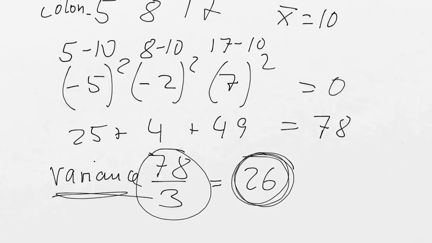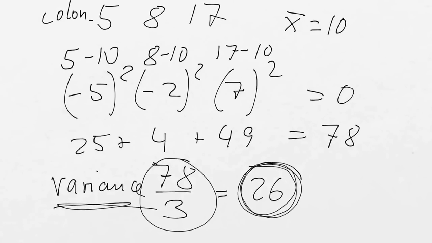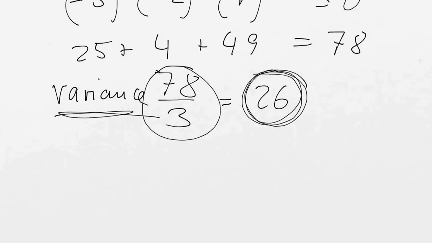Well, you can have square plates, but what on earth is a squared colony? You can't do that. So people invented the trick of simply taking the square root of the variance.